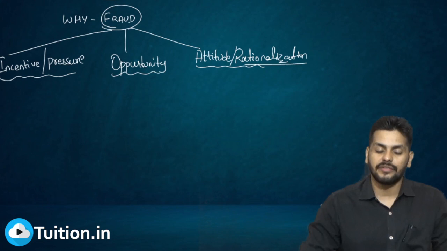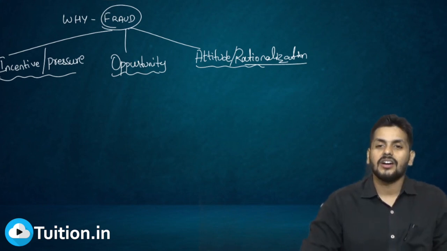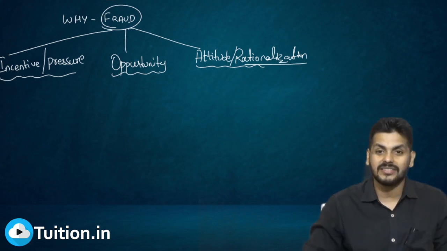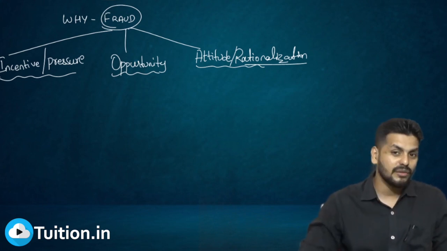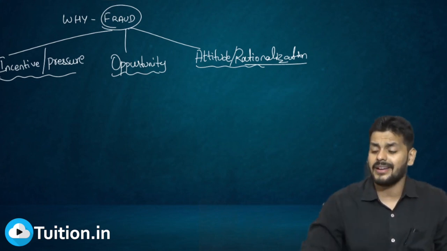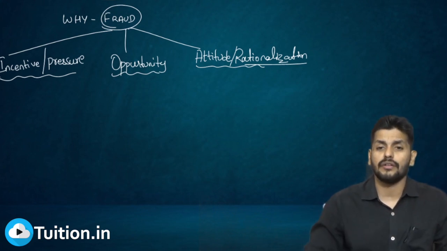It can happen either because of an incentive or pressure, it can happen because of an opportunity, or there is somebody's attitude or rationalization which allows their mind to do that fraud and comfortably even get away with it. Now that's the best part. You do it and you don't feel that you've done something wrong. And there are examples under each of these which I would want you to go through, because that's one of the important parts of this story.